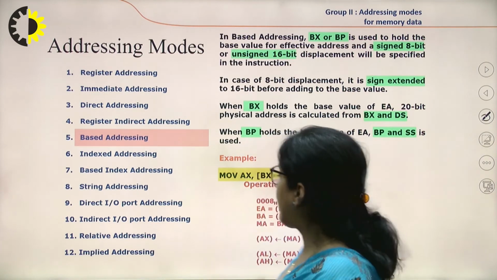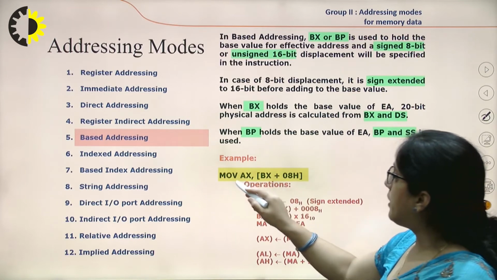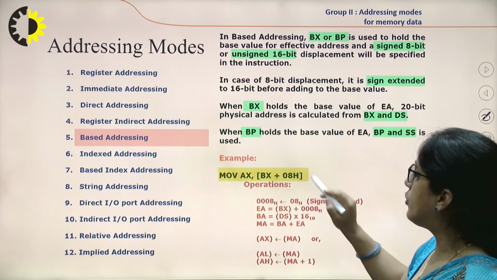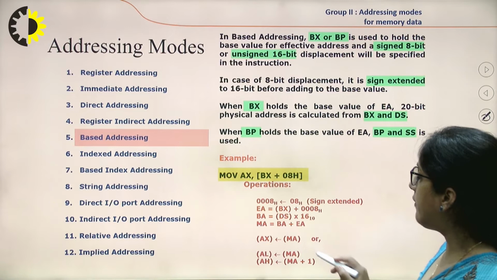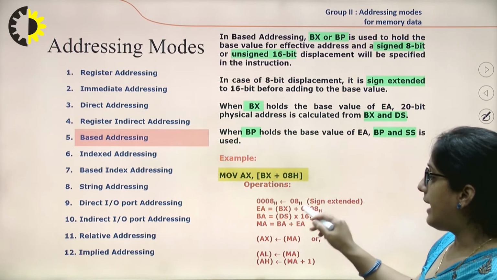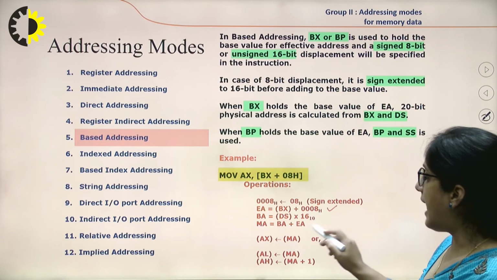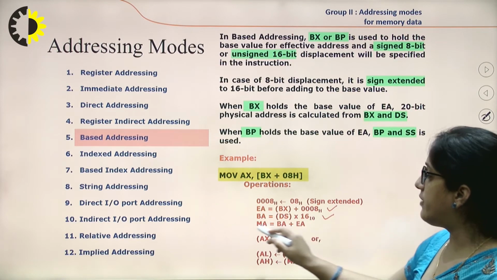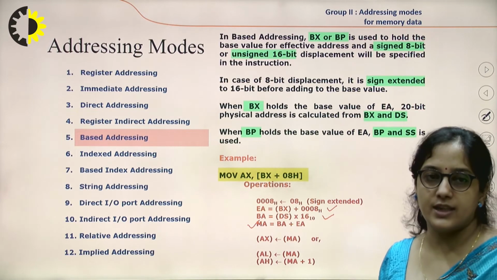And the effective address here, like in this example, MOV AX, [BX + 08]. In this case the effective address is calculated as BX plus 08, and this effective address is added with the base address, and then we have the machine address, that is the physical address.